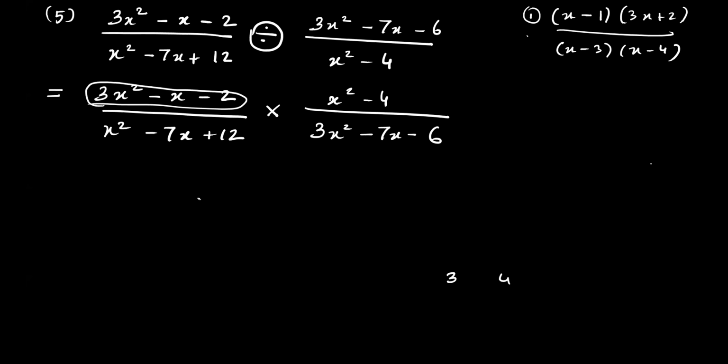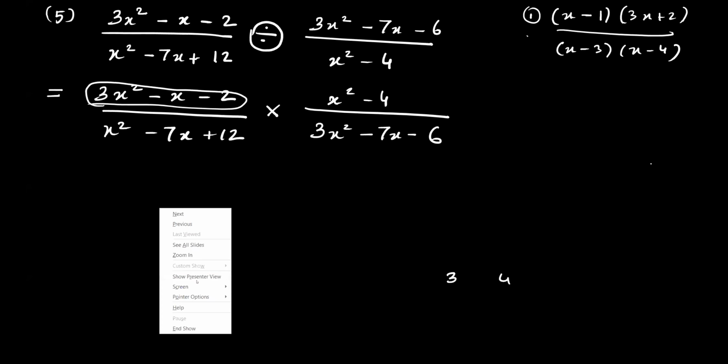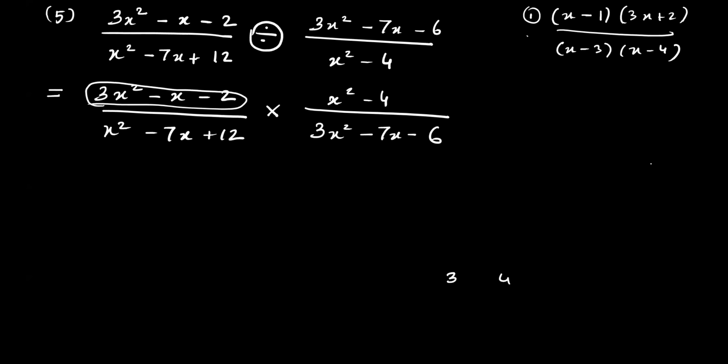Yes, sir. Now let us go for this part, the denominator. So 3x square minus 7x minus 6. Okay. So yes, tell me. First we have to multiply the first number and the last number.